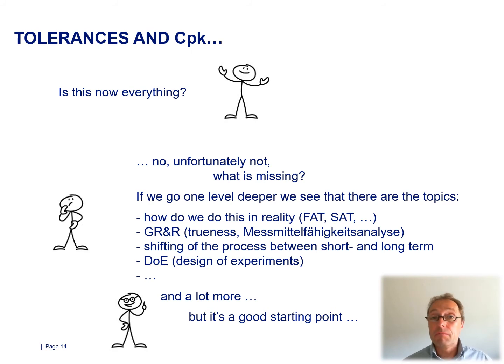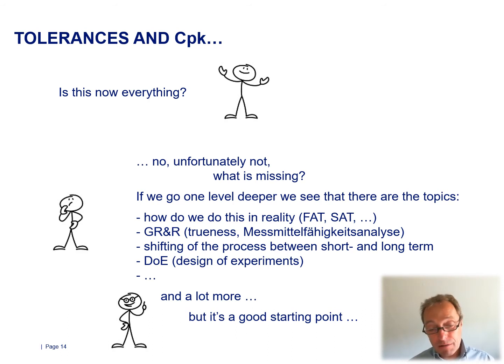We have to consider the shifting of the process from the short trial into what it really means in the long term, when we have different shifts, different people, different colors, different whatever. And when we want to generate measurements and figures, we have to ask ourselves, how shall we measure this? And this is the topic design of experiments.